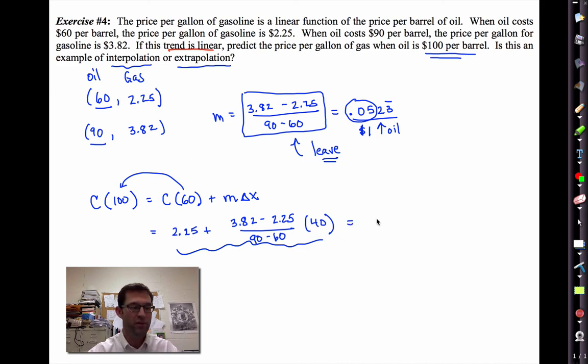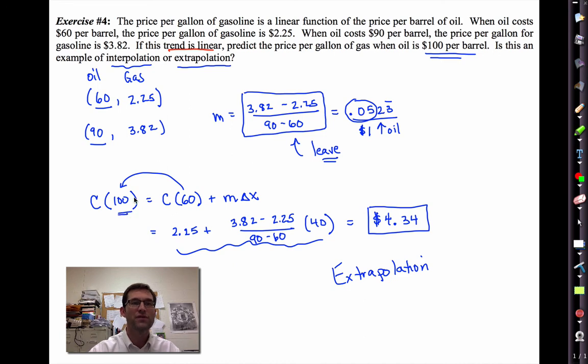You just simply multiply it all out, and you get $4.34. And this is clearly a case of extrapolation because that $100 does not fall between the 60 and the 90.